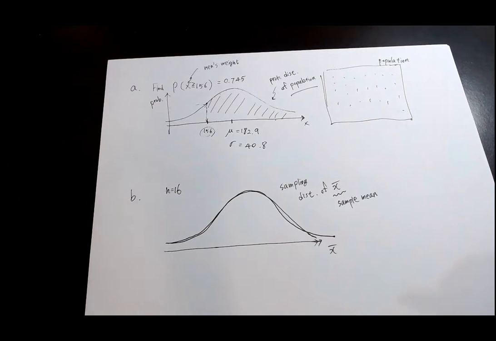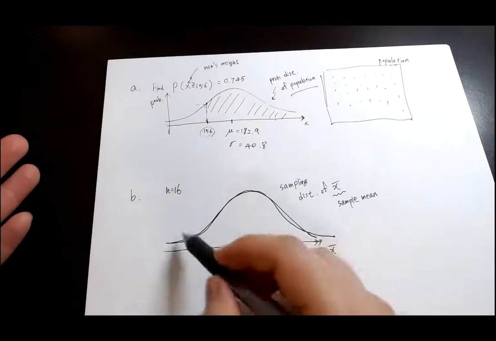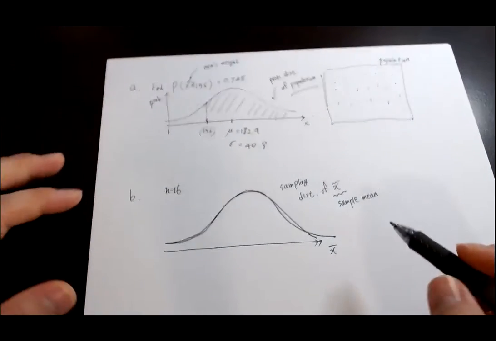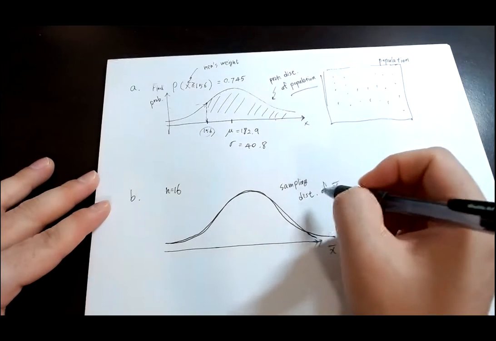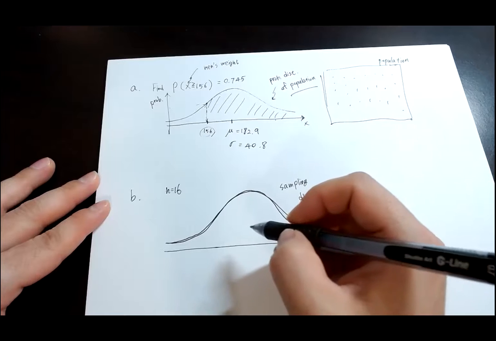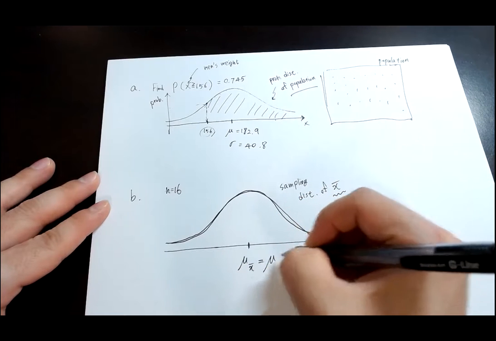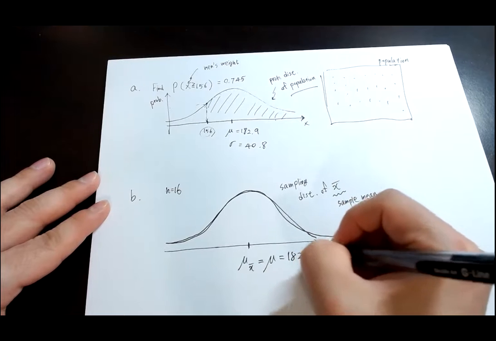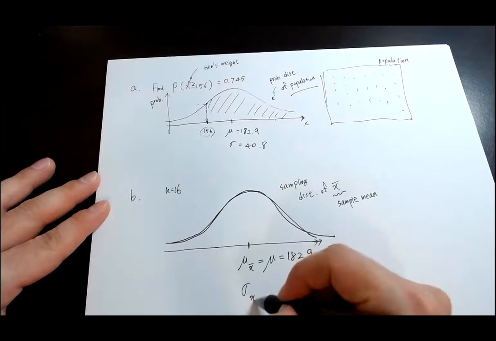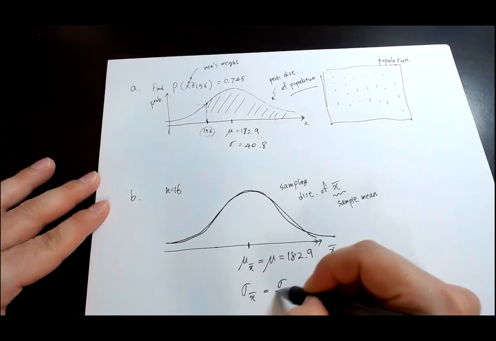So by the central limit theorem, we can say that the sampling distribution of x bar is normally distributed, and the mean of the sampling distribution of x bar, denoted by mu x bar, is equal to mu, which is 182.9. And the standard deviation, sigma x bar, is sigma over square root of n.